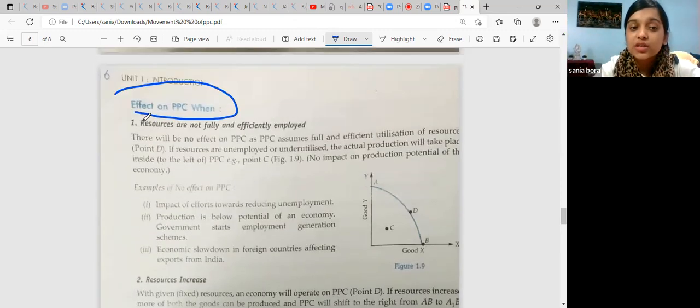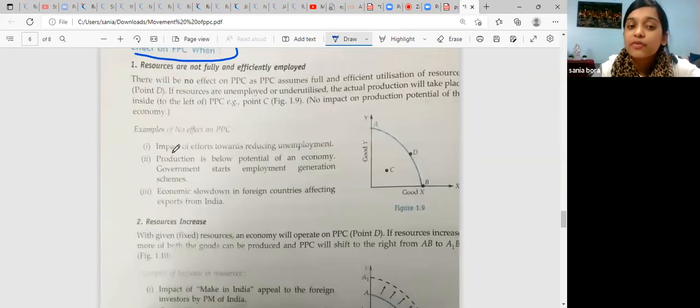So the first one is resources are not fully and efficiently employed. What is happening over here? Impact of efforts toward reducing unemployment. That means in your country people are already unemployed, and now you are working on it. Your PPC won't be shifting because you are working to improve the status. For example, if you already have good employment and you work to increase it, that is going to be rightward.